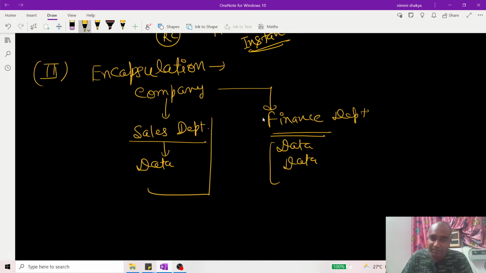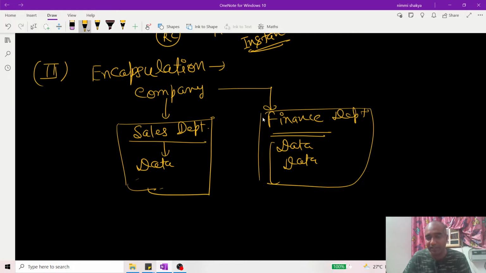The sales department has a set of data, the finance department has a set of data, but the finance department cannot see the data with the sales department, and the sales department cannot see the data with the finance department.